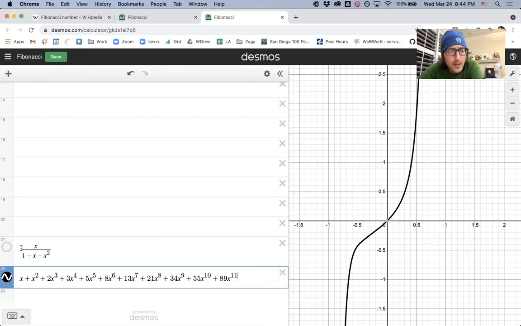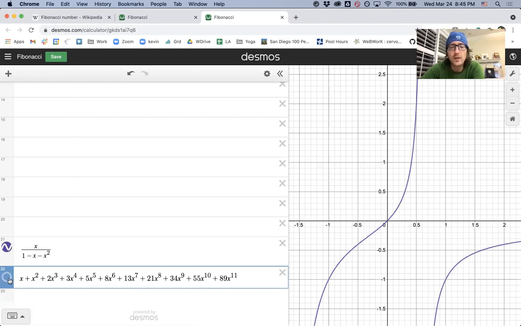And somehow I claimed that if we do infinitely many, if we just do it in the limit, then what's going to happen? I claimed that it would be the same as this function here, x over 1 minus x squared. So let's take this one away and put this one in. Right? So that's that fraction x over 1 minus x squared.